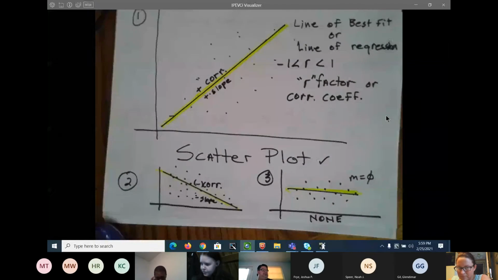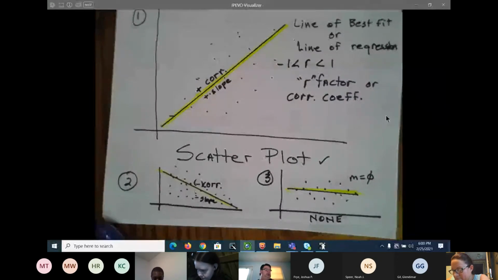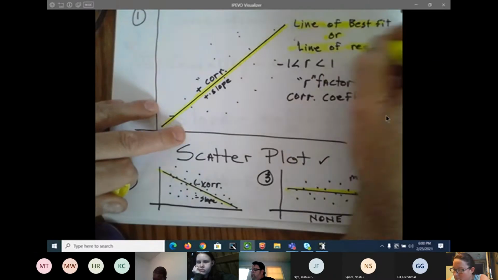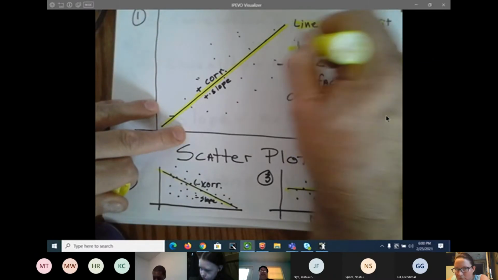Now, those lines that you see, I'm not going to write anything, everything's already there. Those lines that I highlighted in yellow are called the line of best fit, or the line of regression. It is a line that shows correlation.